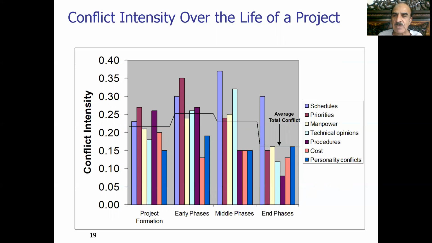But when we go to the planning phase, again the priorities, schedule and procedures dominate. And when we enter the execution phase, a lot of activities are taken up in the project, and there is competition amongst the resources, both human and non-human.